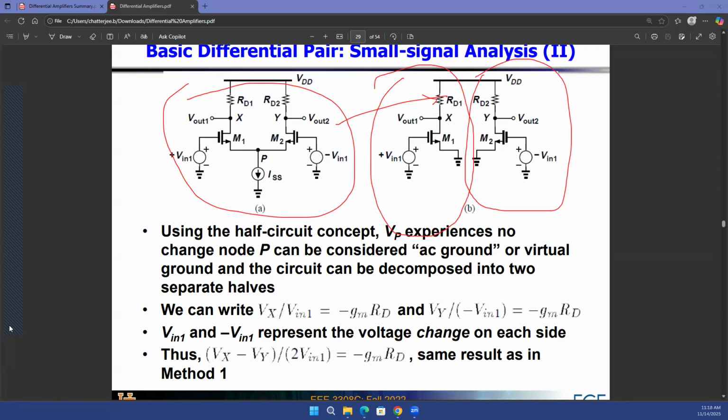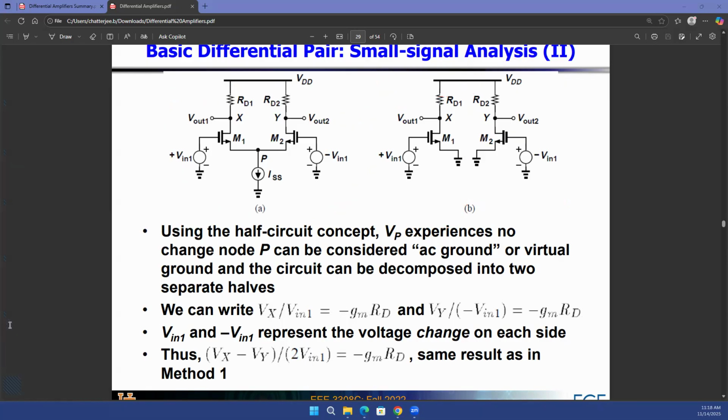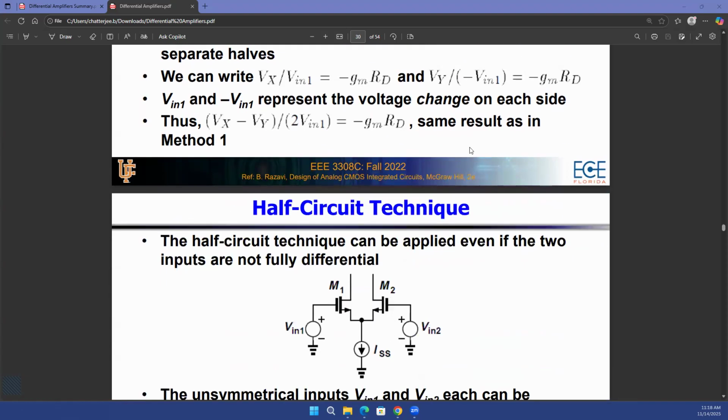Now you can analyze only half of that circuit, either the left side or the right side, and you already know that the gain of each of those branches is going to be gm times RD. And that's what you found out by applying the superposition principle in the previous discussion. So even without doing any math, now you can intuitively say that the gain of my circuit is going to be gm times RD. So this is the same result as in method 1.